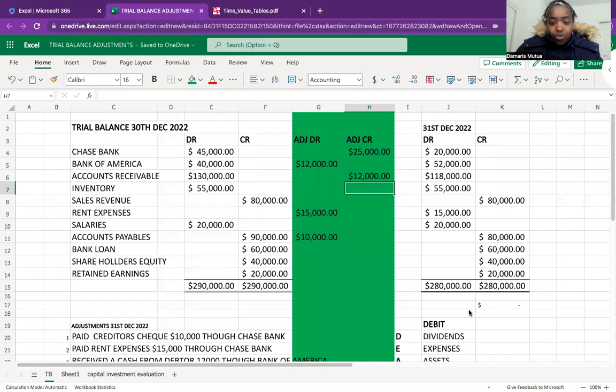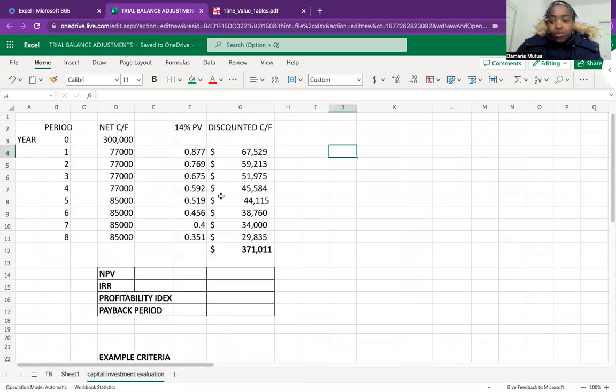So I'm going to be sharing with you a certain problem that we're going to be going through to help us understand how you do capital investment decisions. So we have our initial investment of 300,000. That is at period 0.